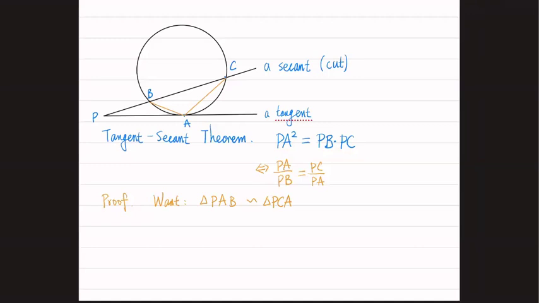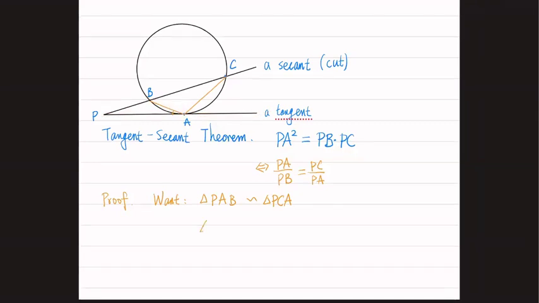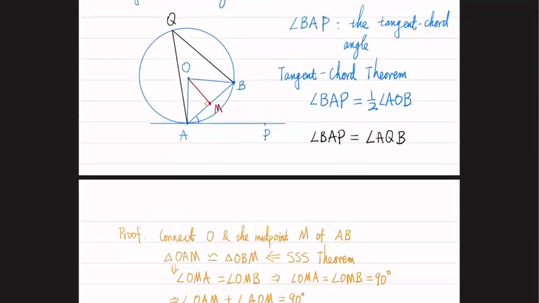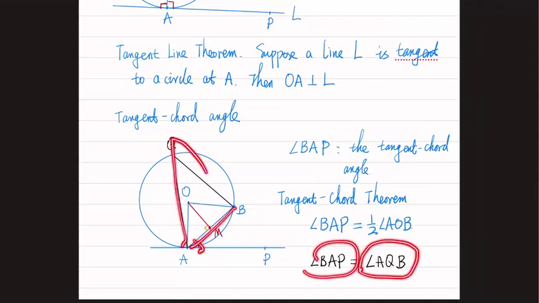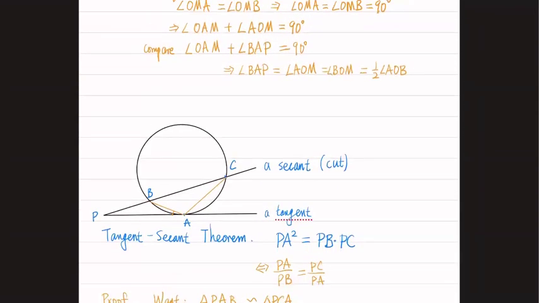You want to check these two angles. Okay, so this is a tangent line, a chord. This is the tangent-chord angle, angle PAB. By our tangent-chord theorem, this tangent-chord angle equals the inscribed angle of the same chord. So this is the chord, and this is the corresponding inscribed angle.